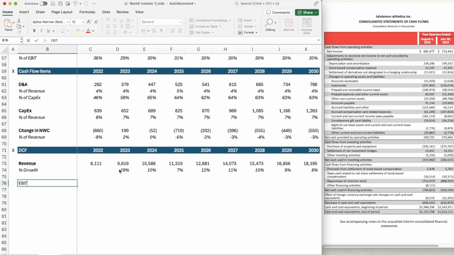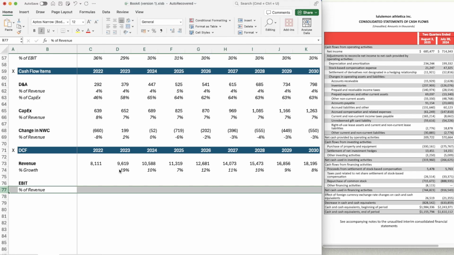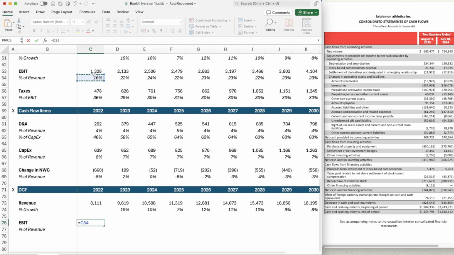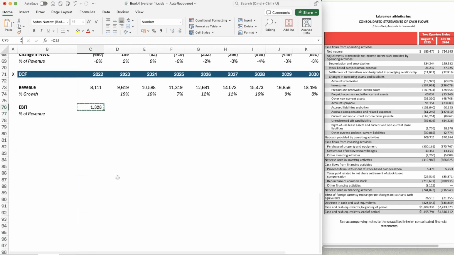Now, let's build out the EBIT simulator. Equals, no. Just copy this out to 2025.